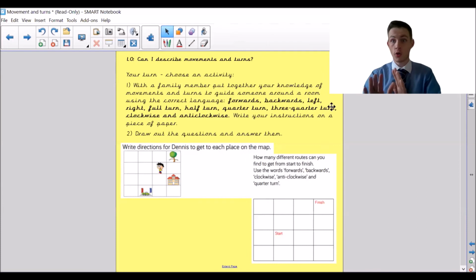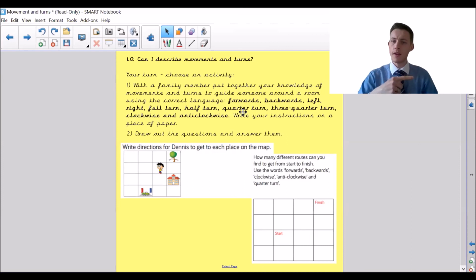Let's have a look at your activity for today. Okay, so with our learning objective of can I describe movement and turn, your activity is part 1. With a family member, put together your knowledge of movements and turns to guide someone around a room using the correct language.